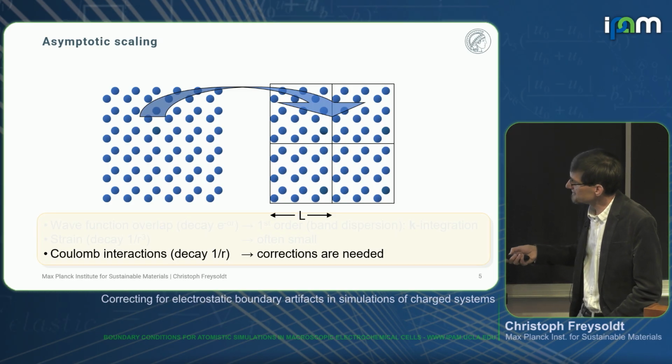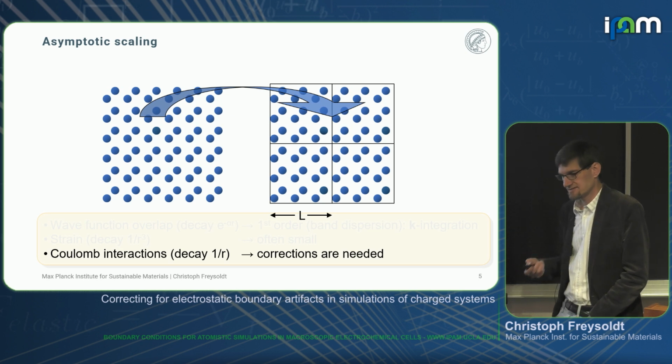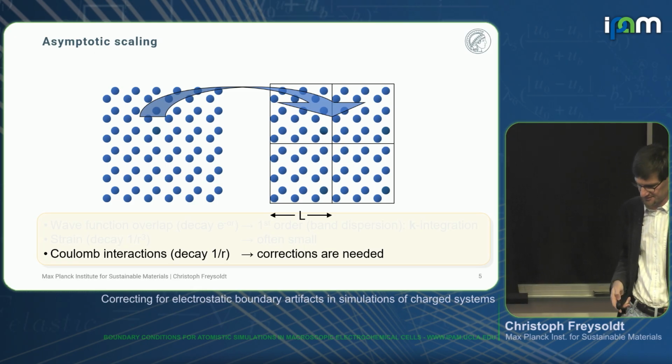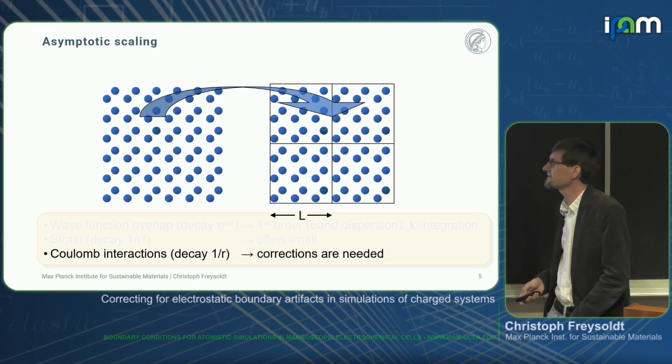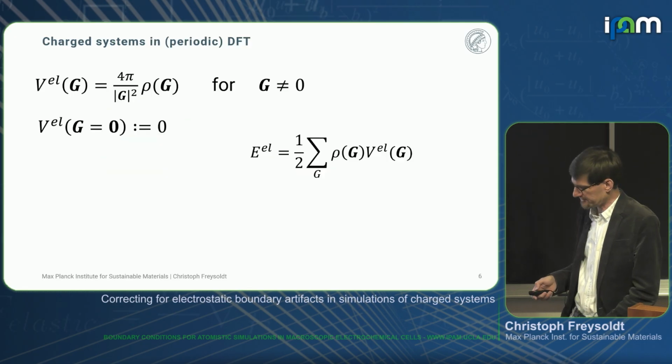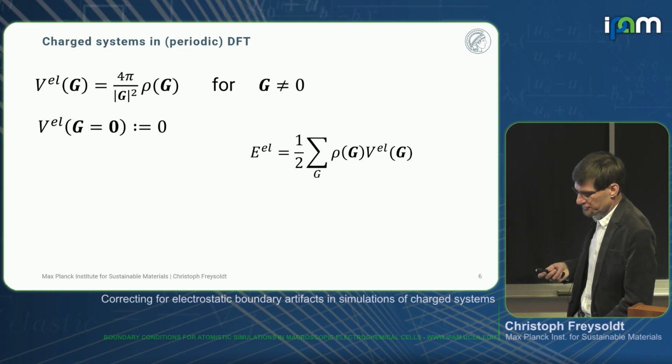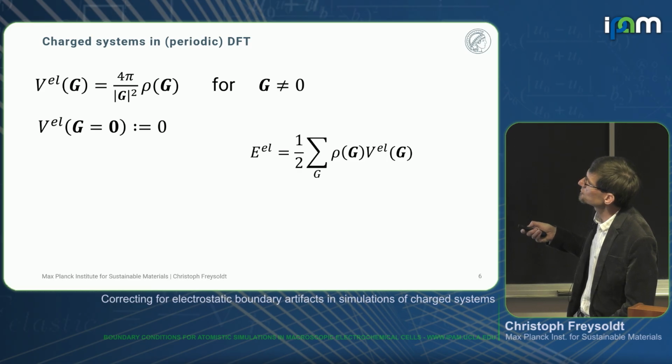And for this, because they decay very slowly, like 1 over r, it's very clear that some corrections are needed. Now, if we go back to the DFT code and see how the electrostatics is treated in periodic boundary conditions, it's mainly contained in the electrostatic potential of the material. Because we have 3 periodic boundary conditions, we make a Fourier transform, and then it's very simple to solve the Poisson equation.